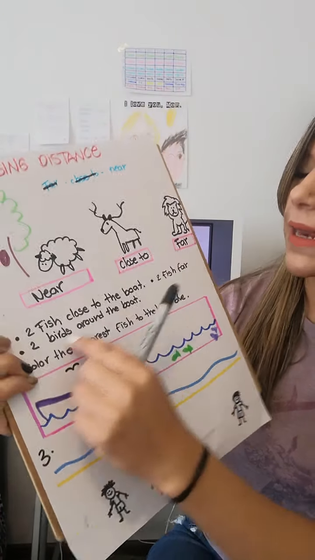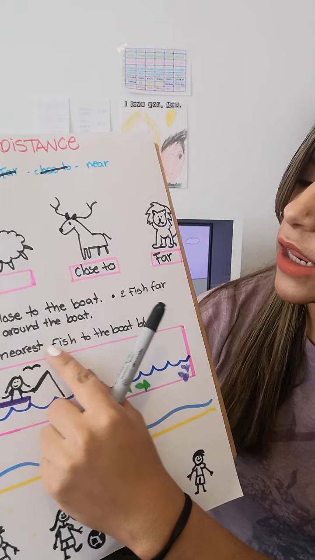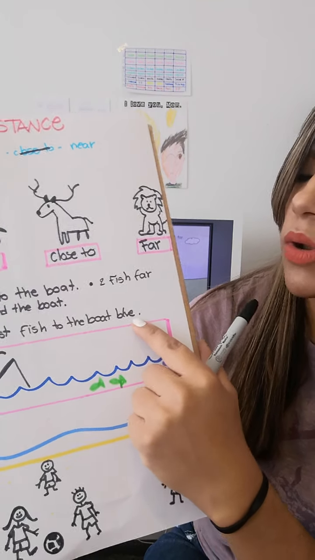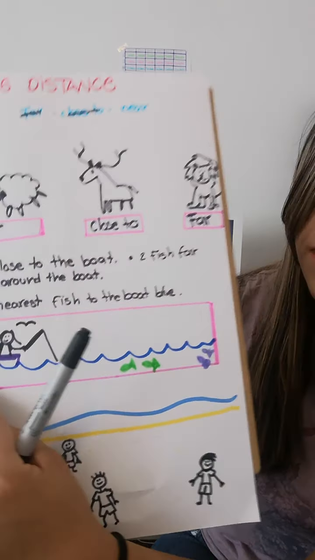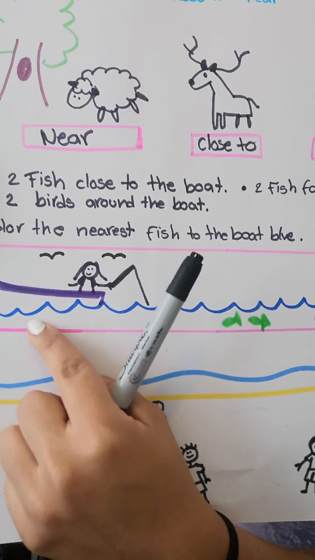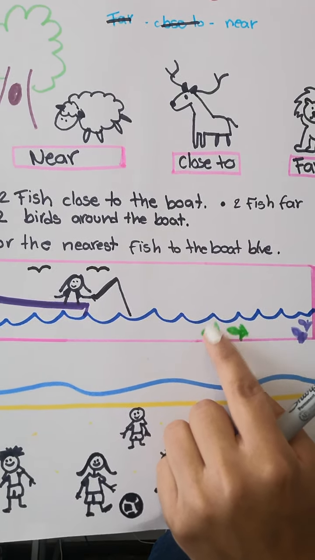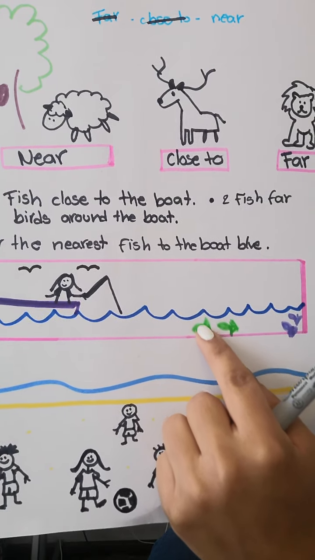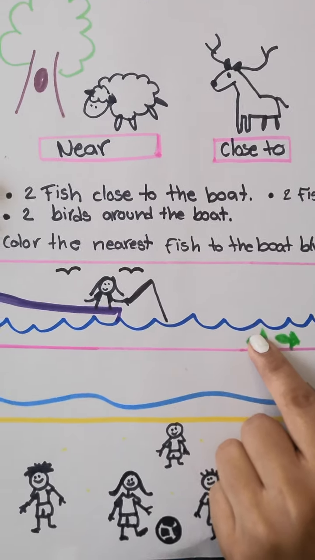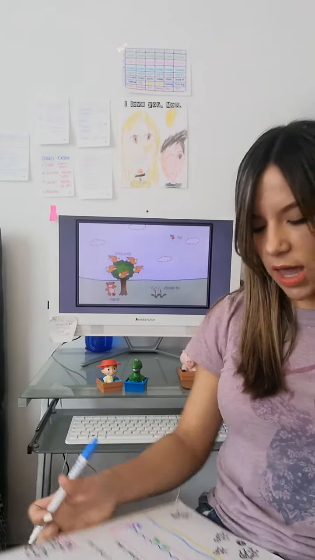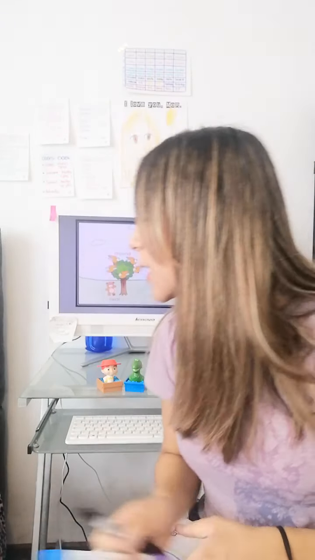Okay. And finally it says color the nearest fish to the boat blue. Okay, the nearest, if you look at my picture, the nearest fish to the boat will be this one. So I have to change this one's color and I'm going to color it blue. Okay, let me do it. I'm going to switch a color.